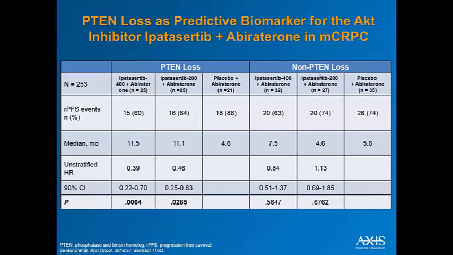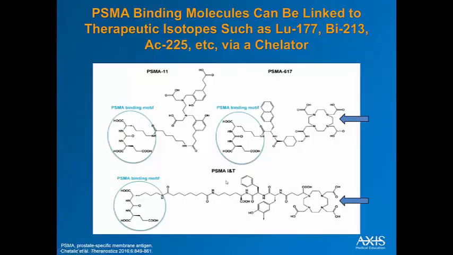If you have no PTEN loss, then there's no difference between using abiraterone in combination, but here you look at the AKT inhibitor plus abiraterone, and this is better, 4.6 months, 11.1 months, and the p-value is quite good here. Another thing that is quite interesting is the PSMA binding molecules.